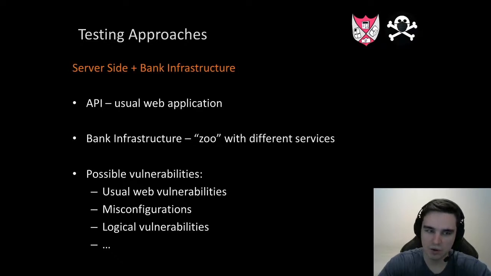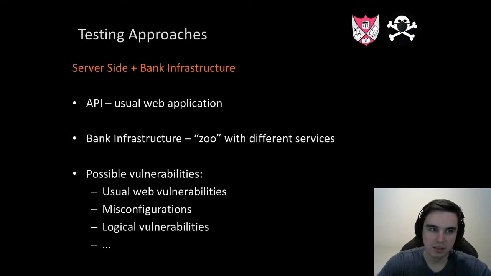So there can be any logical vulnerabilities like IDORs, leakage of sensitive data of clients, maybe a race condition, if it is correct to say so. It is not a logical vulnerability, but sometimes it can be based on logical problems. And other vulnerabilities, these are only examples.